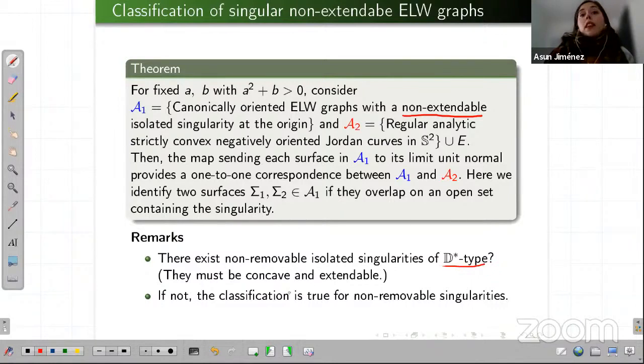So in this case, of course, they are concave and non-extendable, but if they don't exist, you can replace non-extendable by non-removable, and everything is the same. In the case A negative, you can put here non-removable because everything is removable if you assume this conformal type here.